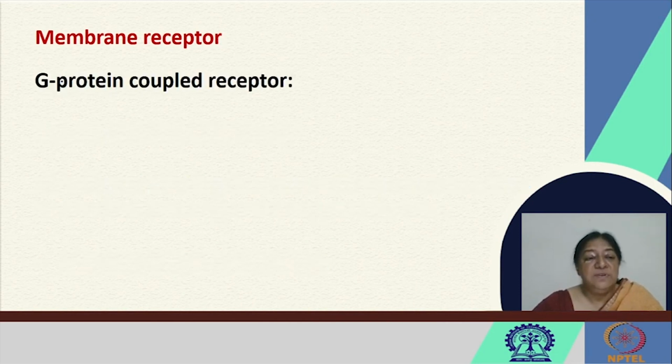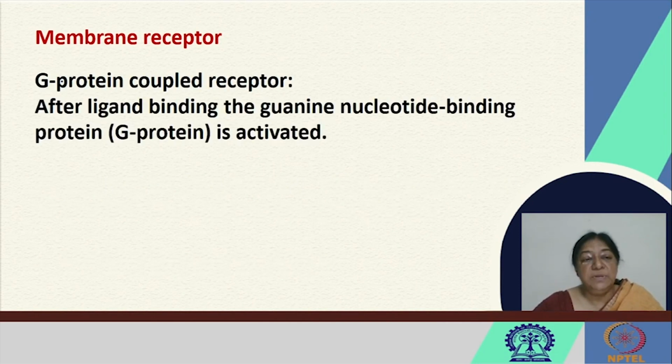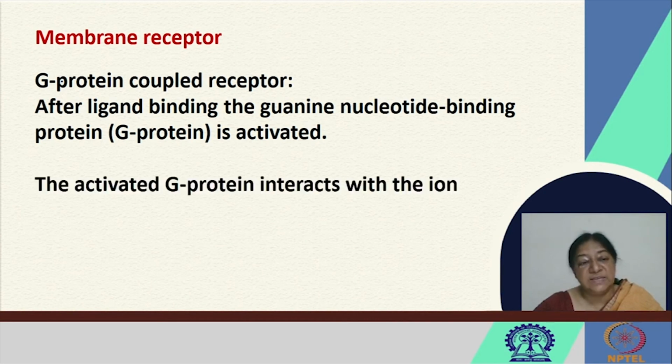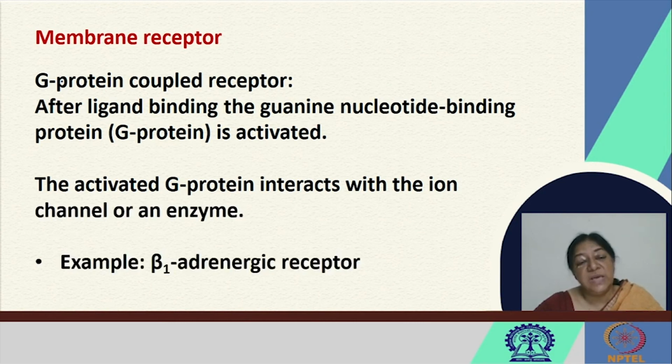We have another example, a G protein coupled receptor. Again, after ligand binding, the guanine nucleotide binding protein, the G protein, is activated. Once it is activated, this G protein interacts with the ion channel or an enzyme.